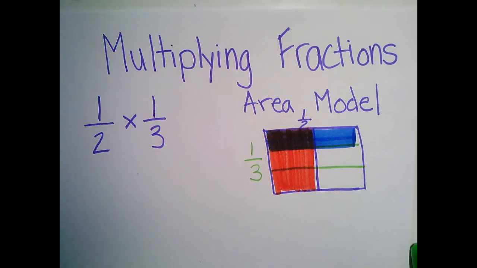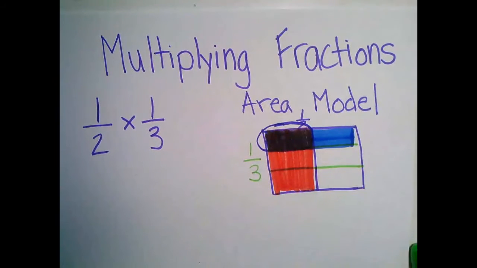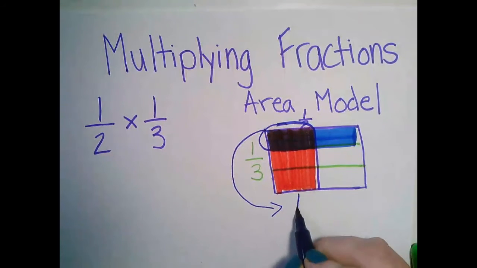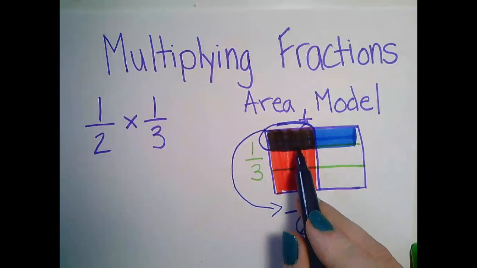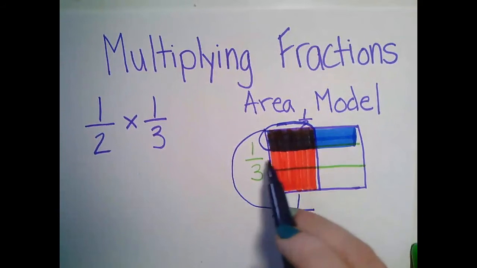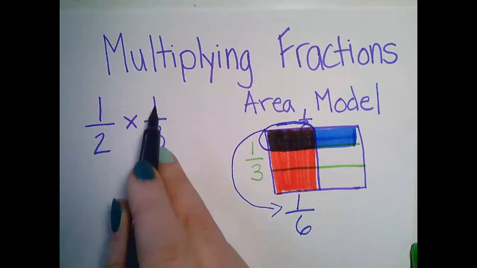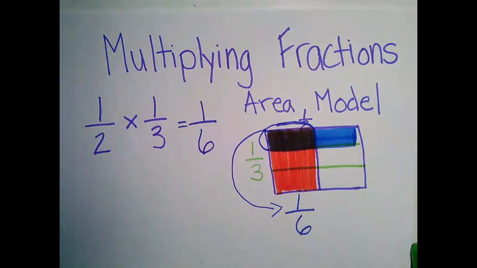If you look, there is now one whole piece of the 6 that is colored in. This is equal to 1 out of 6 because there's a total of 6 squares and 1 is shaded in with both the red and the blue colors. So 1/2 times 1/3 is equal to 1/6.